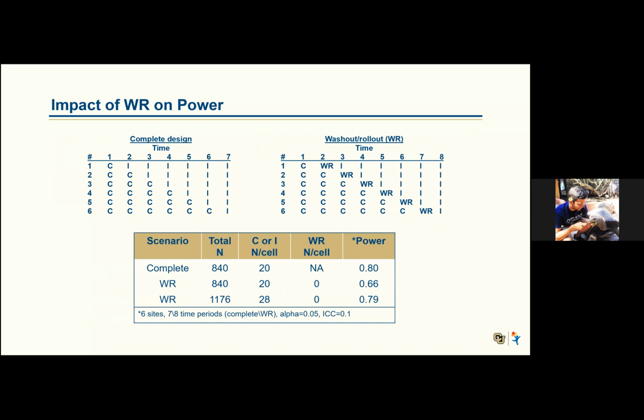If you inserted a washout period in this particular example, it would drop the power to 66%, which is a fairly dramatic decrease. Or to overcome that, you would have to increase your sample size by 40% to get back up close to that 80% power.